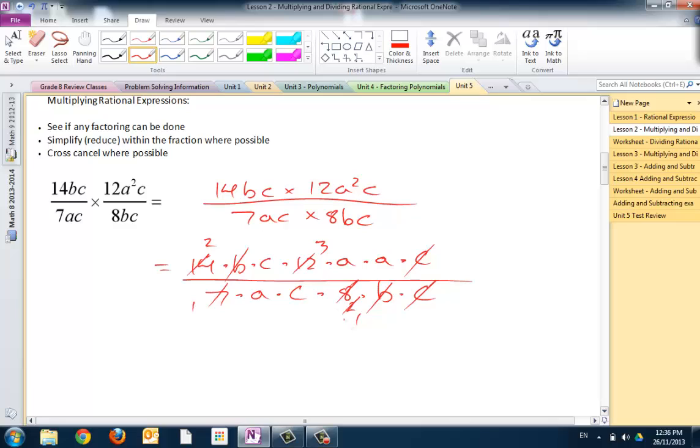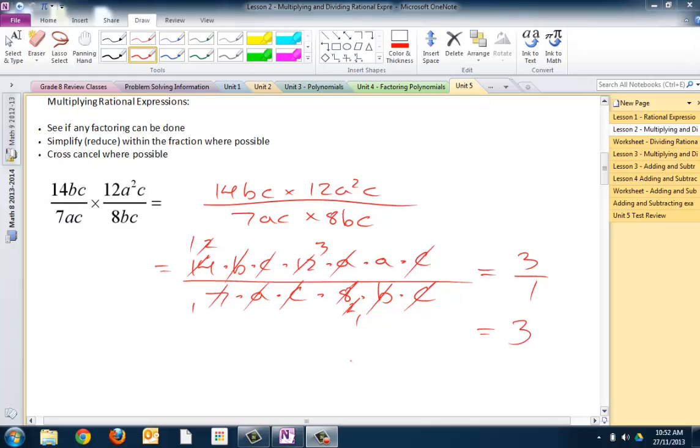Oh, and those 2's can cancel. Oh, and we have some A's there. And the C's, would you look at that? By the time we're done, in the numerator we have 3, and in the denominator we have 1. Final answer of 3. Oh, no, wait, I missed something, didn't I? I missed an A right there, so that should make that 3A. So that's our final answer.